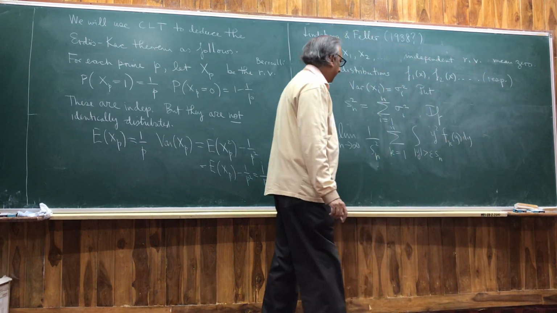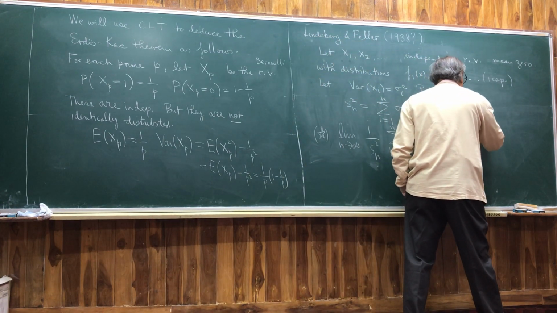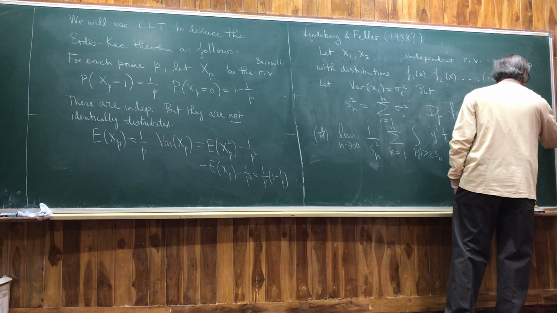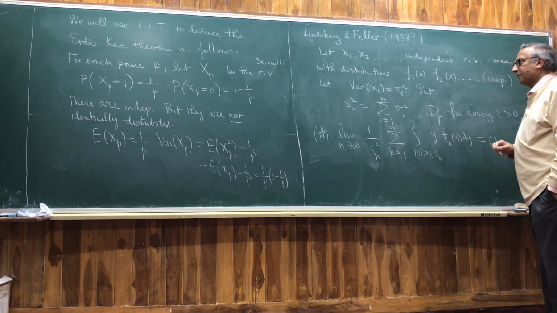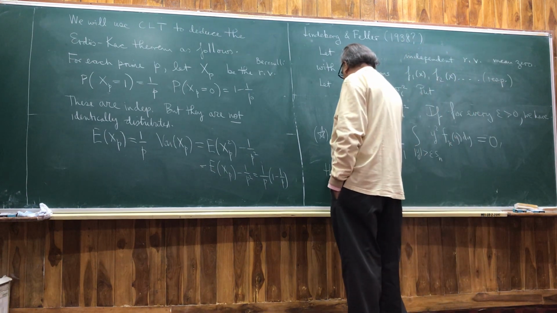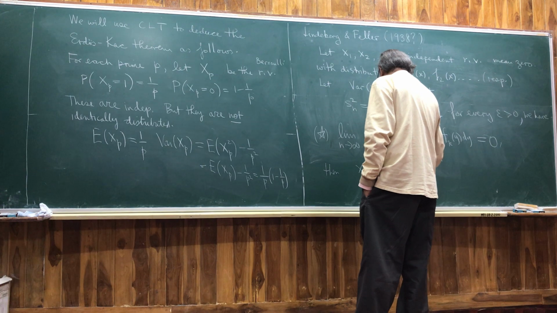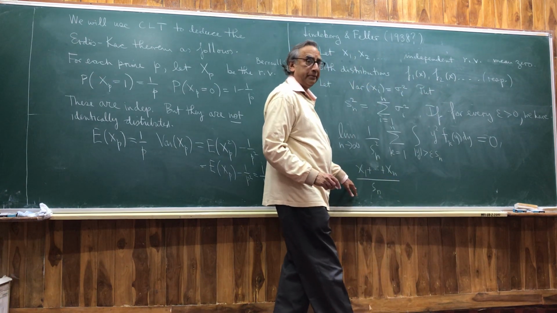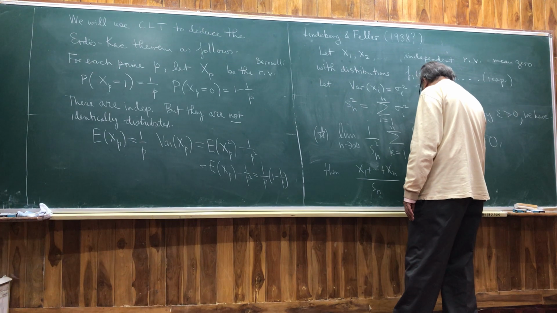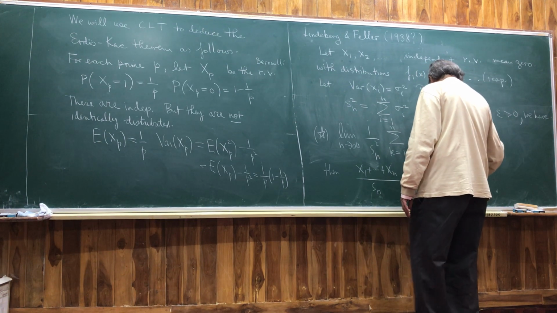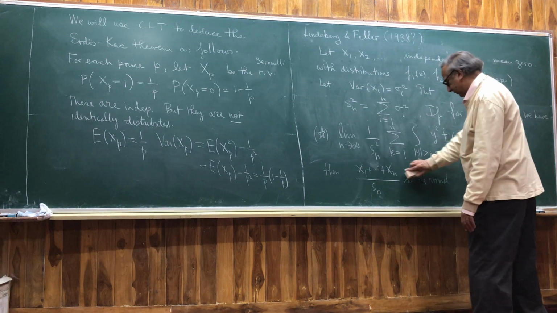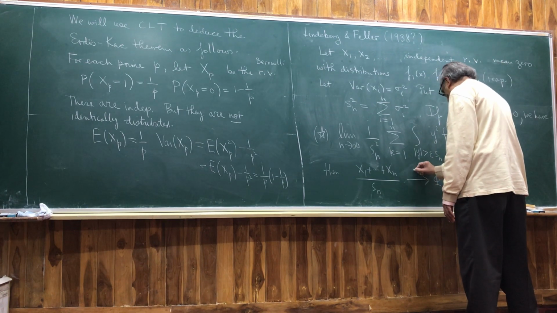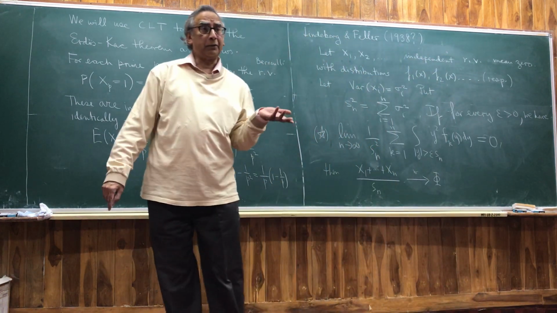So this is for every epsilon positive, we have this limit equals 0, then X1 plus dot dot dot plus Xn divided by Sn tends to the normal distribution, weakly tends to phi, which is the central limit here.